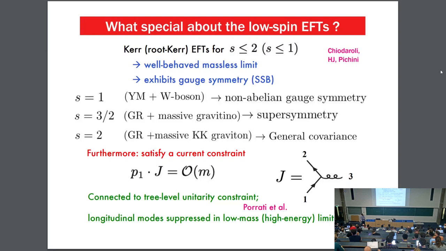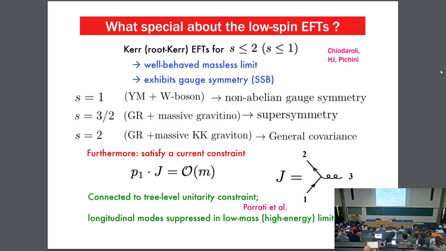There are some follow-up papers, and he also studies the problem of tree-level unitarity constraints, which is essentially trying to find a UV completion of higher spin theories, and he comes to the conclusion that in order for that to exist, some version of the higher spin theories where they're well behaved, you have tree-level unitarity, the amplitude doesn't grow too fast, you need to impose a constraint on the longitudinal modes, and essentially this means that you impose a current constraint, which is very similar to a Ward identity, but instead of saying that the right-hand side should be 0, you say that it should be order m.